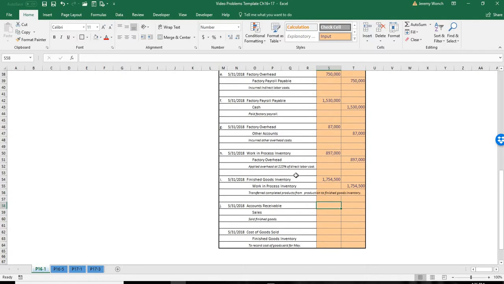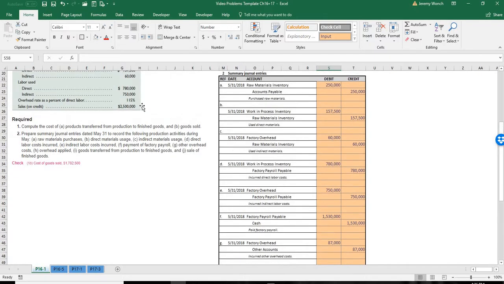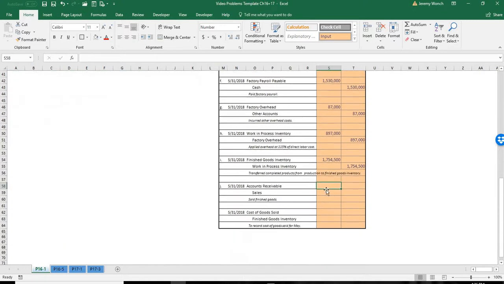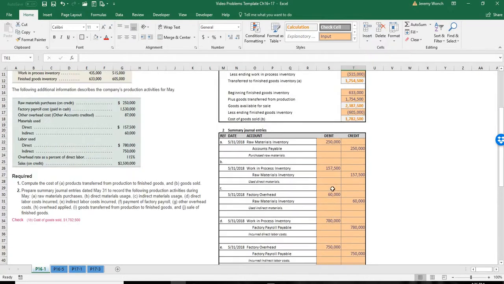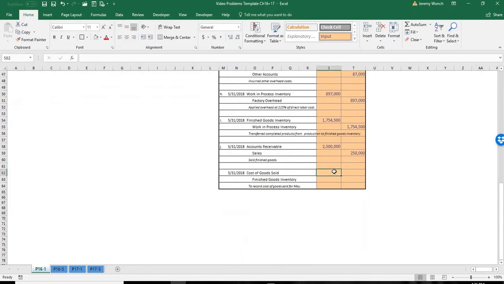Then we want to book our sales, and sales were on credit for $2.5 million. Whenever we book our sales, we also book the cost of goods sold related to that, and we calculated that up here at 1,782,500.